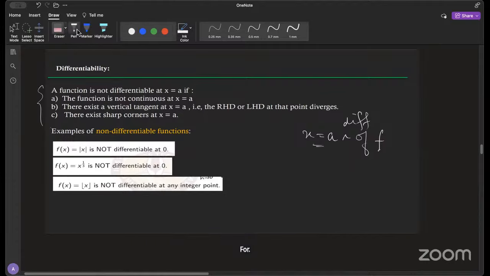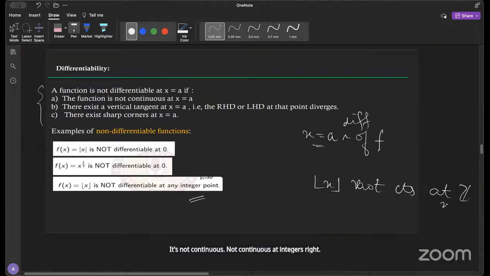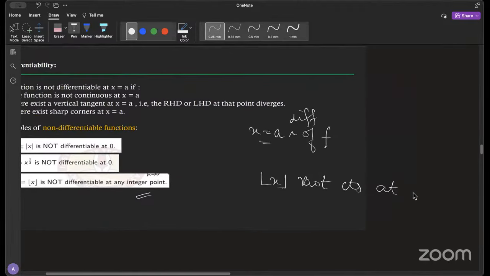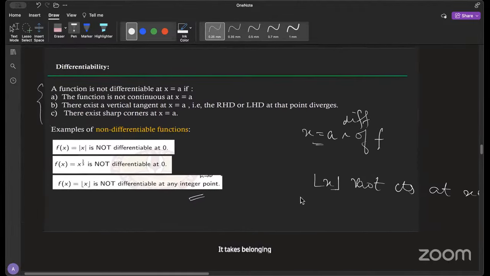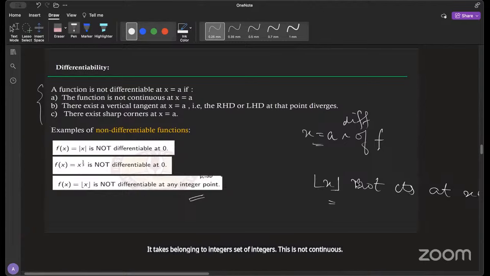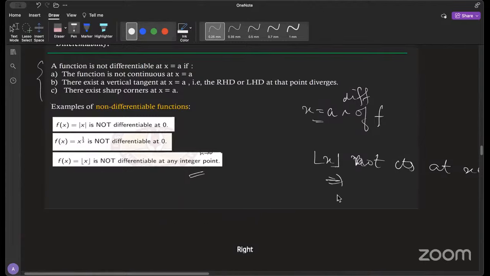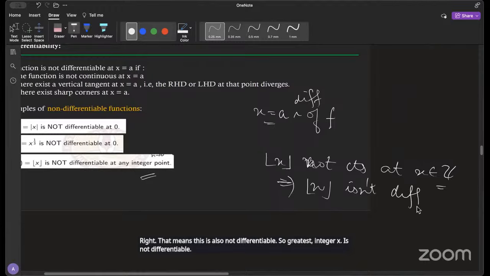For example, this greatest integer function is not continuous at x belonging to the set of integers, right? That means this is also not differentiable. So greatest integer x is not differentiable at x belonging to integers.